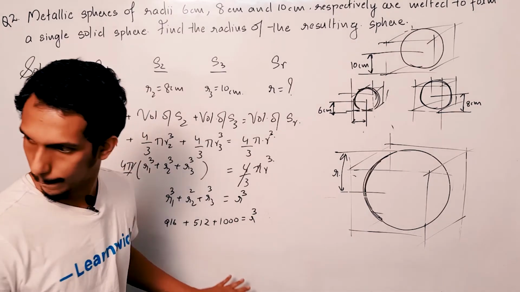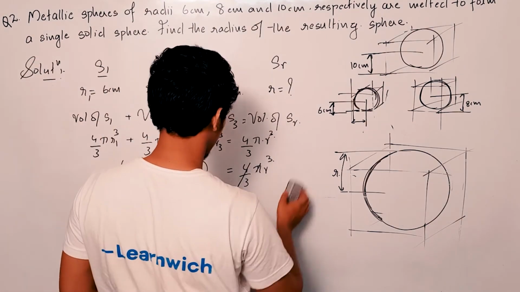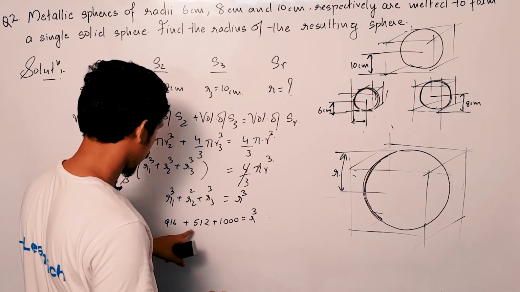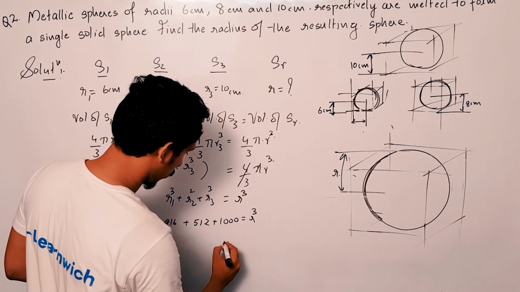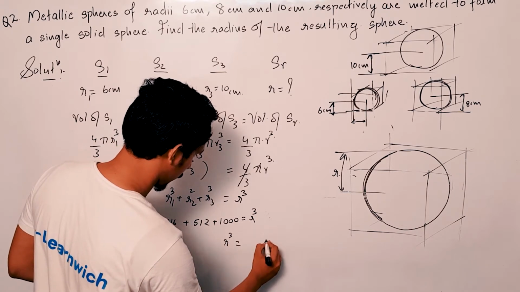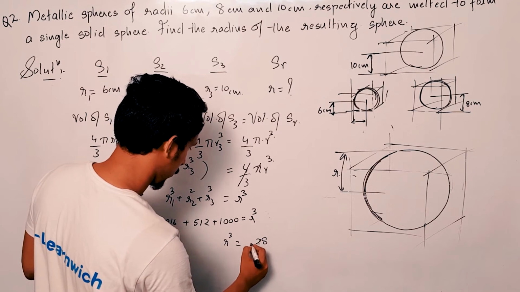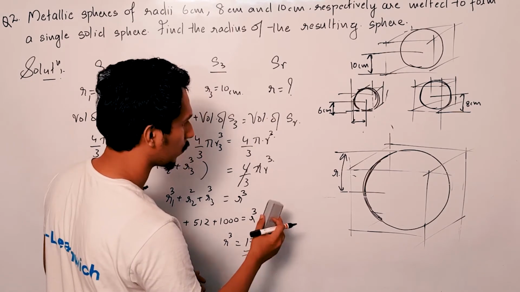So when you calculate everything, we get r cube is equal to 1728.